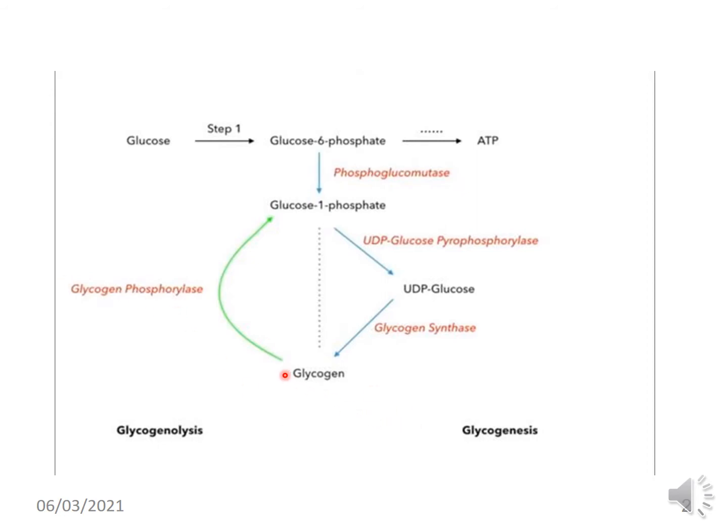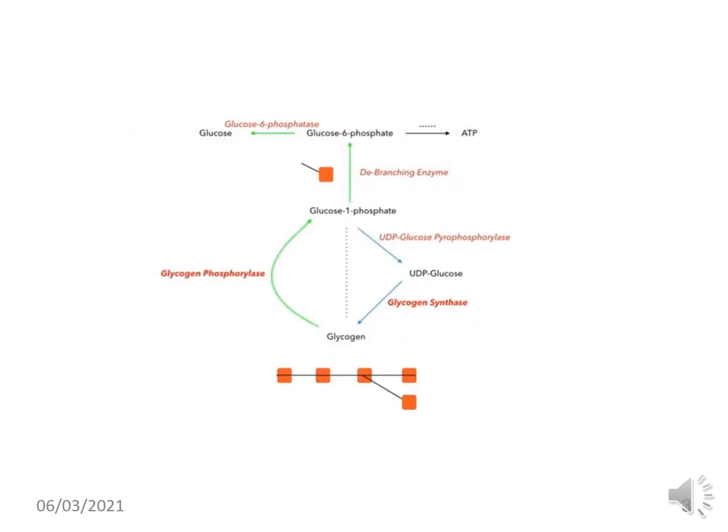And in glycogenolysis the first step is phosphorylation of glycogen by glycogen phosphorylase to produce glucose 1-phosphate, and the glucose 1-phosphate is converted to glucose 6-phosphate by phosphoglucomutase, and then produces glucose, and the glucose undergoes the first step in this process to produce energy.